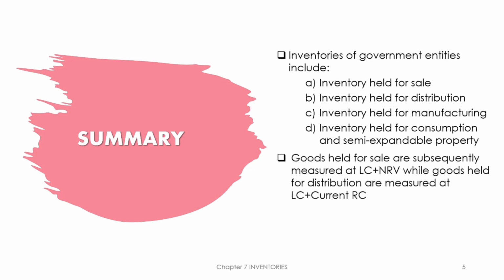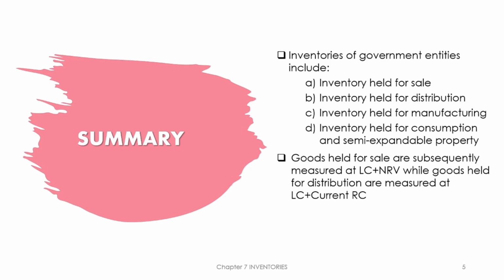Next, goods held for sale are subsequently measured at lower of cost and net realizable value. Lower of cost and net realizable value pag goods held for sale. Pag goods held for distribution naman, lower of cost and current replacement cost. Again, net realizable value is estimated selling price less estimated cost of completion and estimated selling or disposal cost. And then, yung current replacement cost is the cost the entity would incur to acquire the asset on the reporting date.